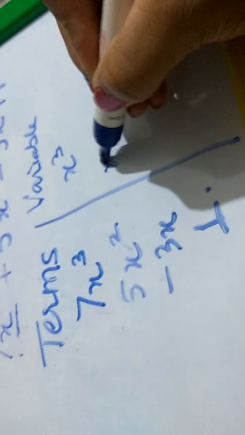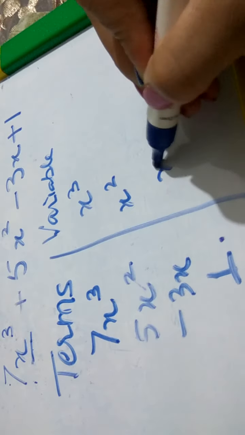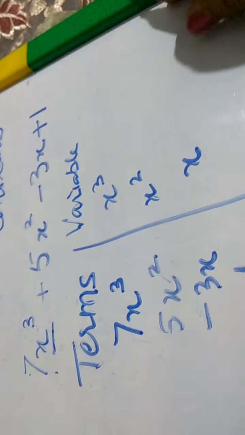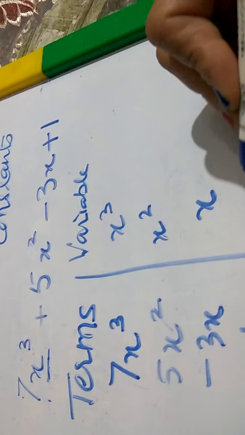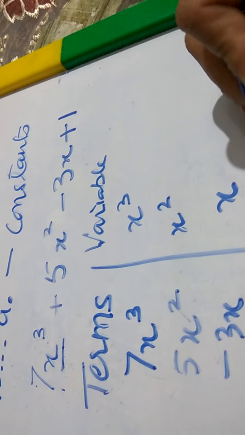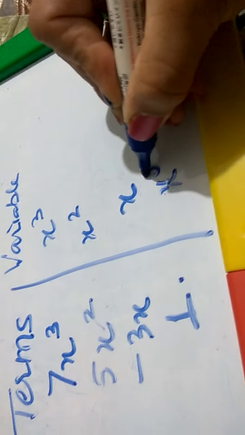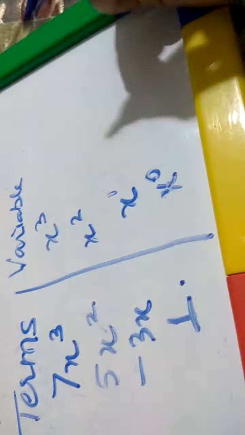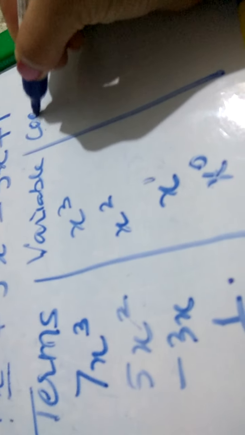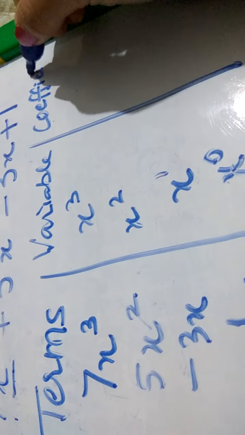The variables in these terms are x cube, x square, x, and here also we can take it to be x raised to the power 0. Here it is x raised to the power 1. And the constants which are written along with the variable are called its coefficients.